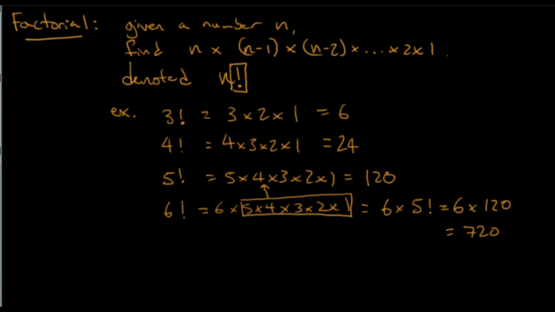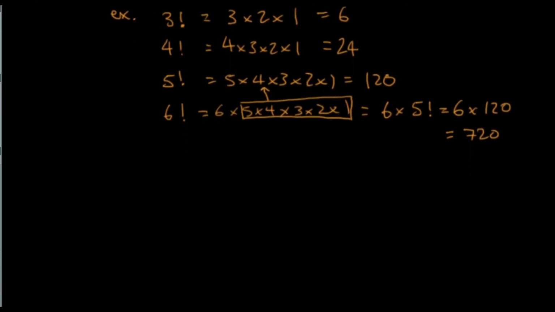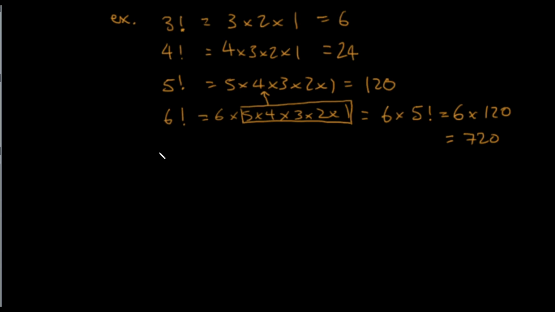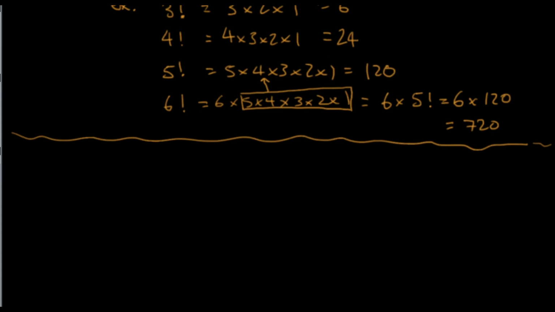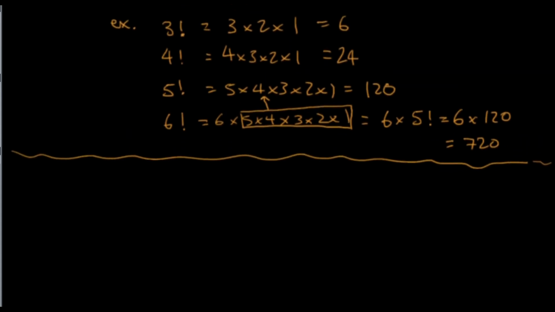All right. Well, why don't we move this number n to a larger number? Let me start a new section, switch colors. Let's say I wanted to know what is 500 factorial.